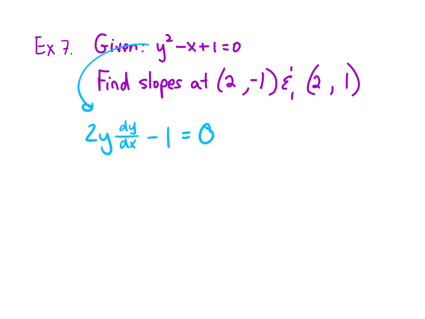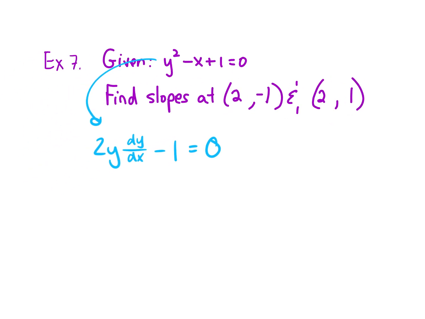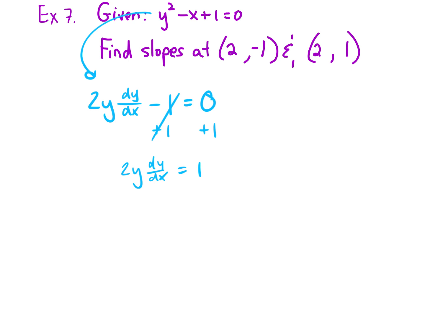So here, I'm going to add 1 to move it to the other side. So 2y dy dx equals 1. Then what? Divide by 2y. So dy over dx is equal to 1 over 2y.